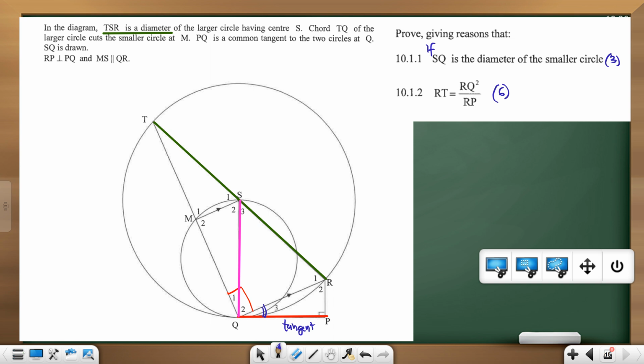Of the smaller circle. Do you notice that angle M2 should be 90 degrees? Do you agree with me? If SQ is a diameter, then M2 should be 90. Do you agree? Our job now is to go and prove that M2 is 90. Mind you, TSR is the diameter of that, so that is a center there. Can we prove that M2 is 90?